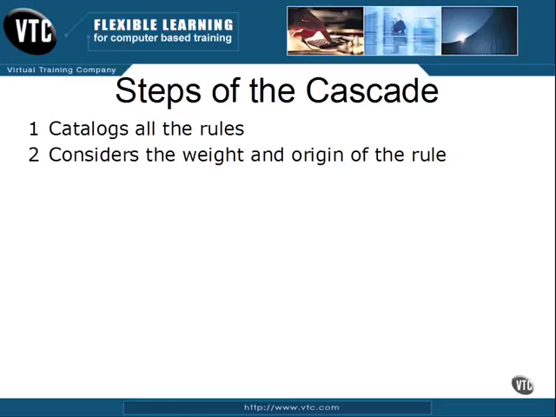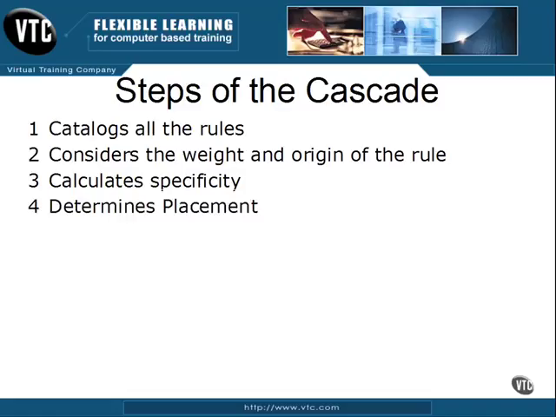The third step is it's going to calculate how specific a rule is. The fourth step is it's going to determine placement. Of course, we're going to go more in depth with each one of these steps in the next couple of movies, but it's through this multi-tiered approach that all of our conflicts are resolved.